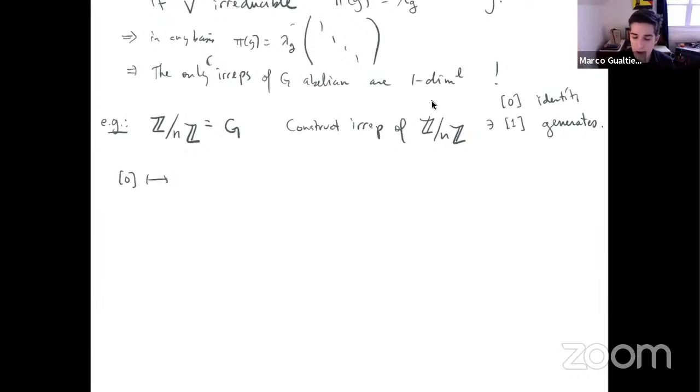Sorry, bad notation. I don't know what you're used to using as notation for Z mod NZ, but let me just use an underline. So we have 0, which is the additive identity, and 1, which is the generator. And then the point is that 0 should be sent to the identity matrix, which is just a 1-by-1 matrix with 1 in it. 1 is the generator. It must be sent to some 1-by-1 matrix.